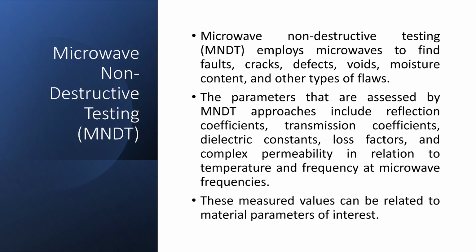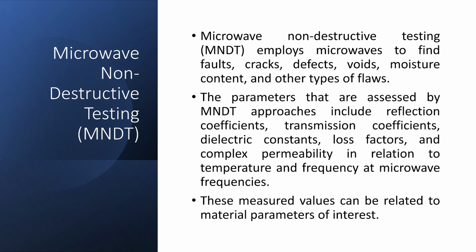This is a bit more on microwave non-destructive testing. As I mentioned before, it employs microwaves to find certain characteristics of the item that we want to check. It could be used to find faults, cracks, or defects in structures. It can also be used to determine moisture content and other types of flaws present in the item that you want to test.